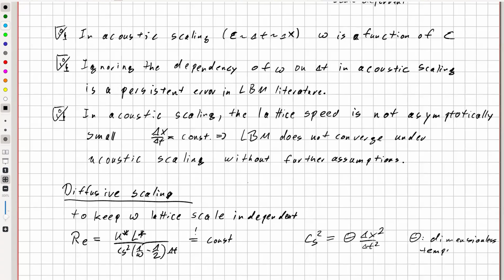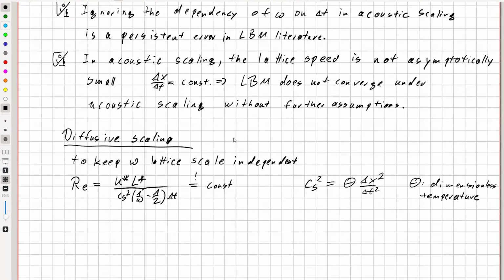This is why we call it the dimensionless temperature. So now we can rewrite this with U star L star divided by theta dx square over dt square, times (1 over omega minus 1/2) times dt.